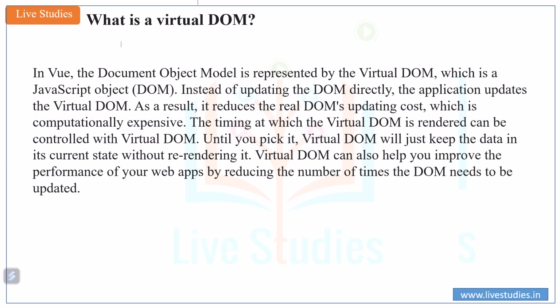The timing at which the virtual DOM is rendered can be controlled until you pick it. The virtual DOM will just keep the data in its current state without rendering it. The virtual DOM can also help you improve the performance of your web app by reducing the number of times the document needs to be updated.